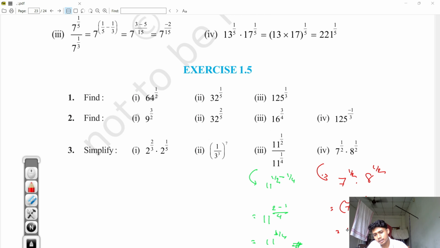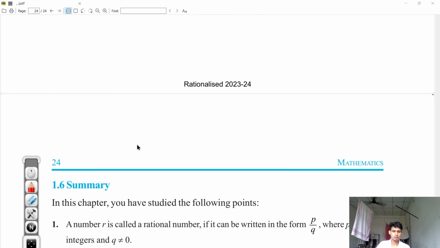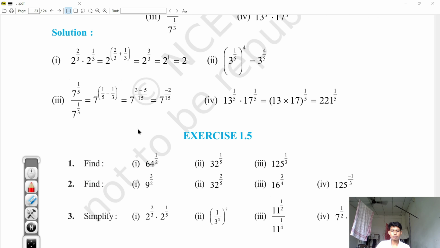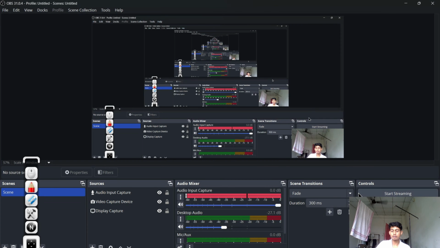Now 7 times 8 is 56 whole to the power 1 by 2, so the answer is 56 to the power 1 by 2. Okay, so with this we complete exercise 1.5 and the whole chapter 1.